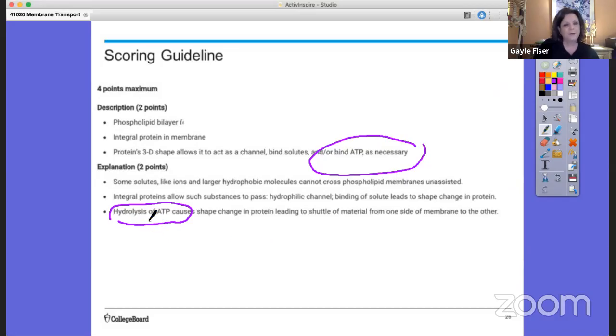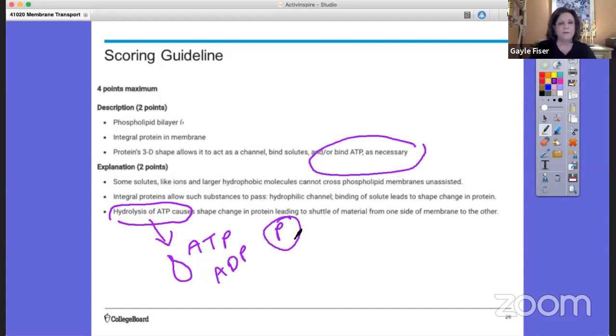So what we're talking about is hydrolysis, what did we do when we did hydrolysis? If this was ATP, then we're going to put in a molecule of water, right? And it's going to bust it up, and then you have ADP and P, and that energy from that one phosphate group bond was what you used to fuel this movement from low to high.